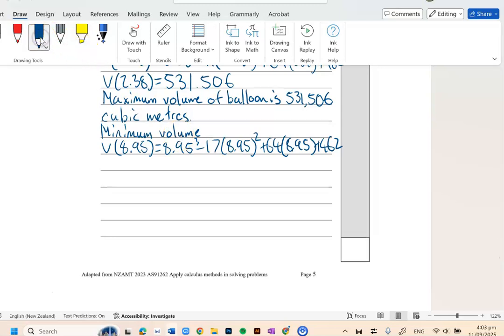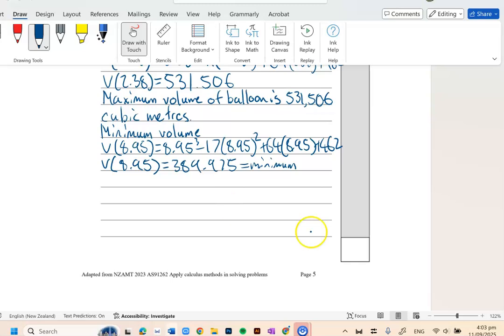So when you do that, you should get, when the time is equal to 8.95, something like 389,975. And this is the minimum. Okay, this is when it's the minimum volume.